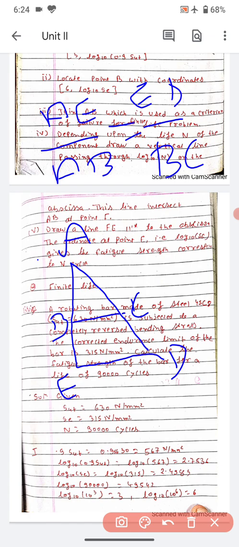Now I'm going to start this question, and I wish you to understand the concept of similar triangle that you are going to use in it.